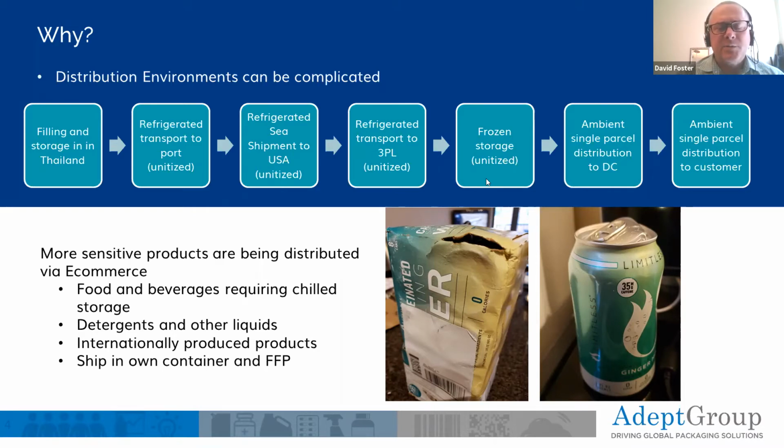And the transportation from Thailand to the US is very, very complicated. There's refrigerated transport, there's sea shipment, there's refrigerated transport to a third-party logistics center, there's frozen storage, and then there's ambient distribution to maybe a DC, and then onwards through single parcel distribution to a consumer. So it's very, very complicated.